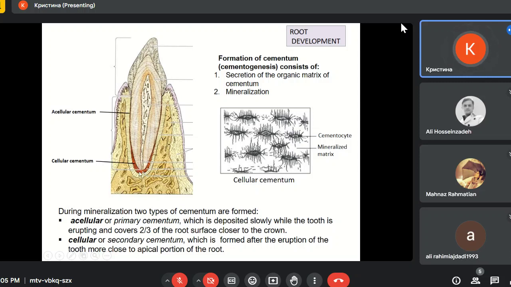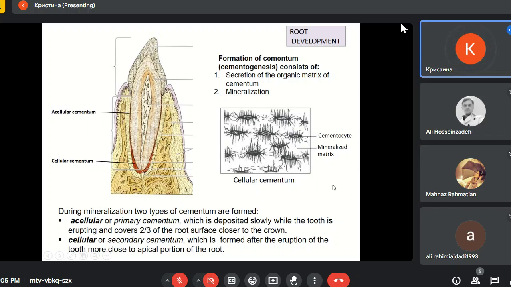It is thicker and it contains cells which are embedded into the hard extracellular matrix of cementum, and these cells are called cementocytes. Like osteocytes in the bone tissue, they are located in lacunae, from which canaliculi grow, inside which the processes of cementocytes go, and the processes of cementocytes come in contact with each other, so cementocytes can receive nutrients and oxygen and other substances through these canaliculi.